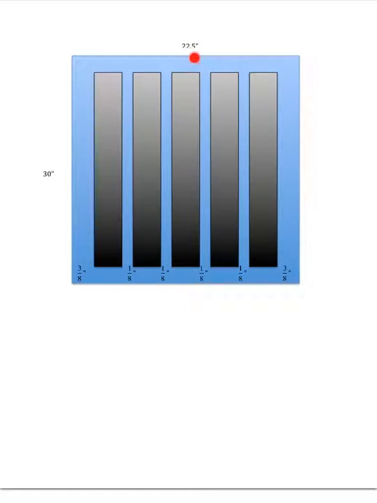We have 22.5 inches on top and 30 inches long because it said 22.5 inches wide and 30 inches long. And then here are my 5 columns, 1, 2, 3, 4, 5. Each of them needs to be 1/8 of an inch in between and then 3/8 of an inch on each side.